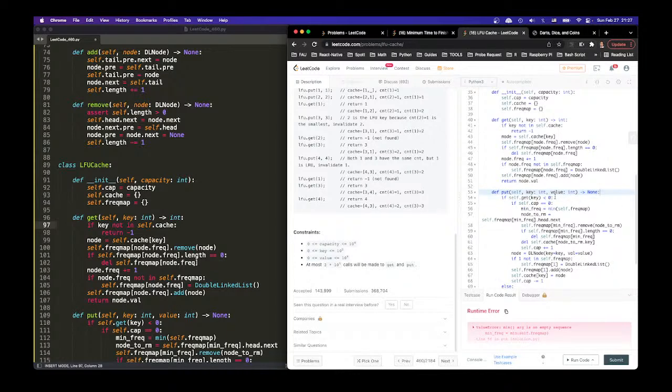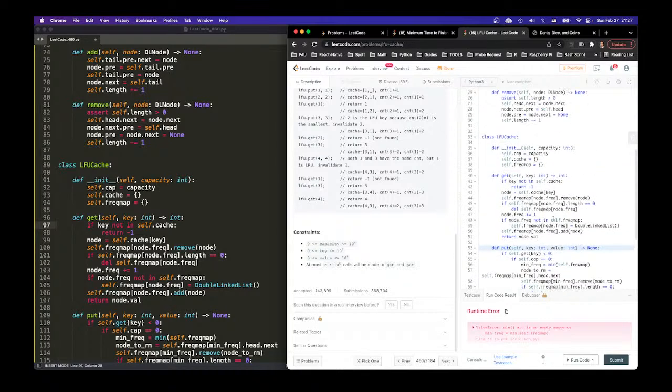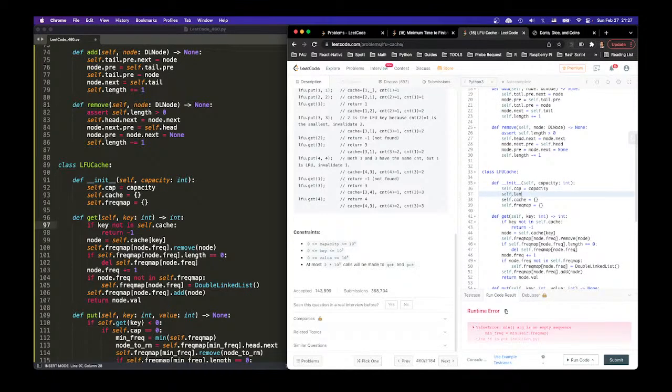If cap equals 0, and now we do a bunch of stuff we want to pop. But if there's nothing in frequency map, there's nothing to pop. And there's nothing to add because of the self.cap. Which made me think I need to have self.length equals 0.